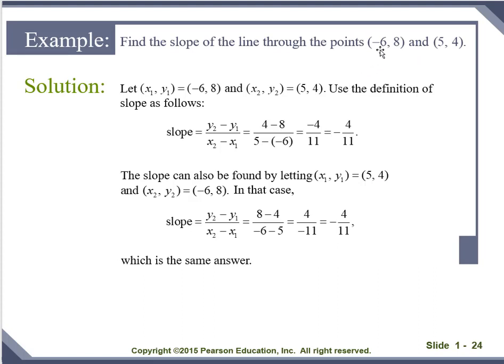So to find slope, whether you're using a graph or you're just given the points, you just plug that into the formula. Change in y over change in x. Remember that whichever point you start with for y, you have to start with the same point for x. That's the number one mistake that people make.